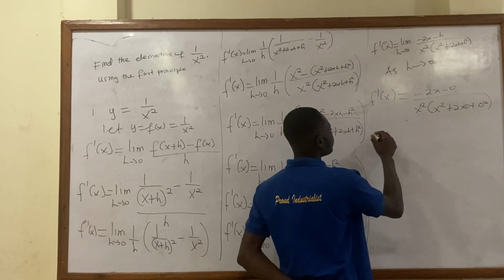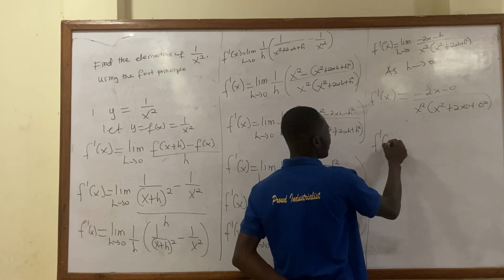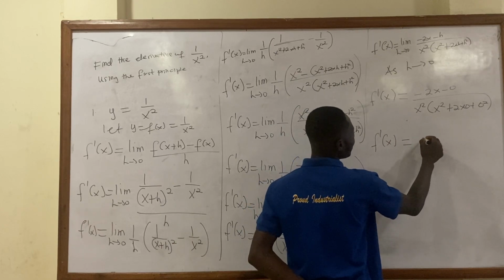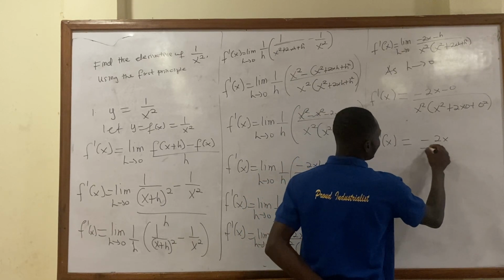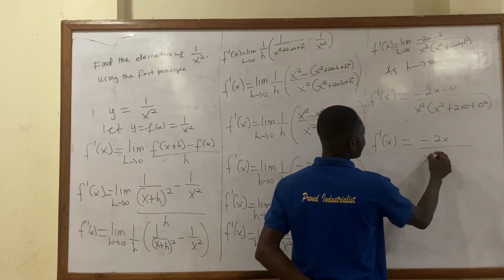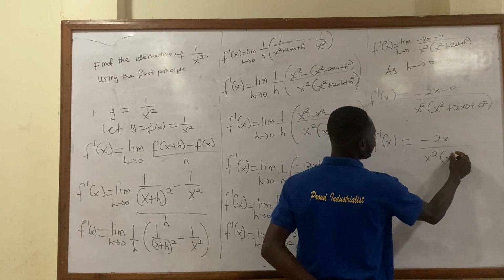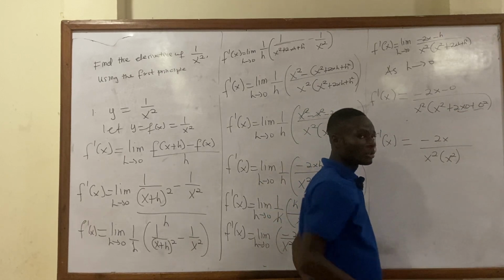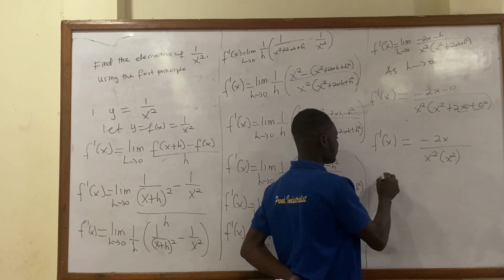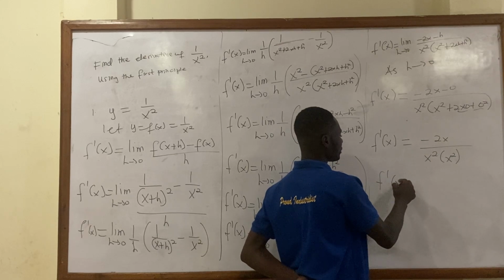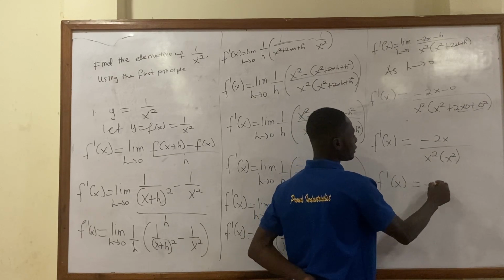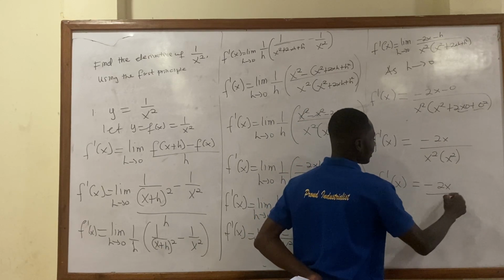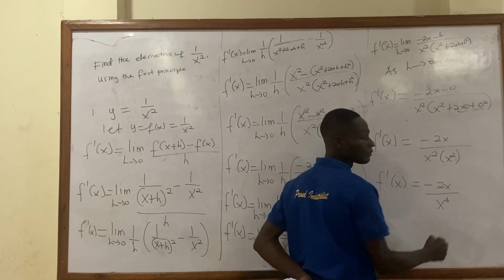So from here our first principle is now minus 2x over x squared into x squared, because this will give us 0, this also will give us 0. So we have the first principle is equal to minus 2x over x power 4.